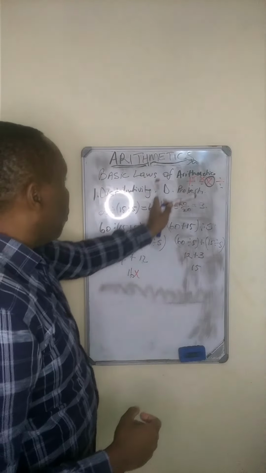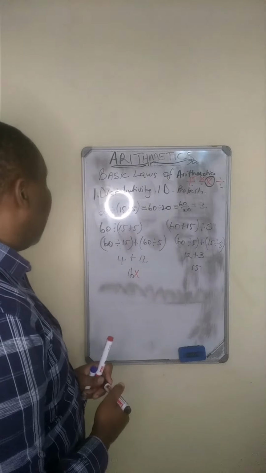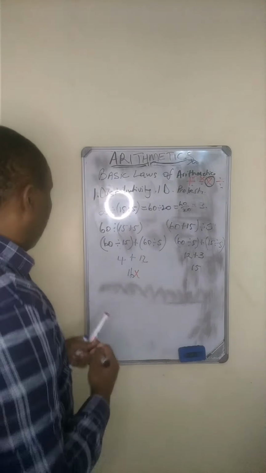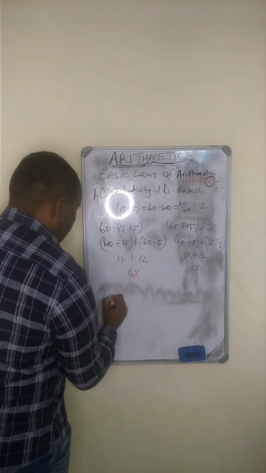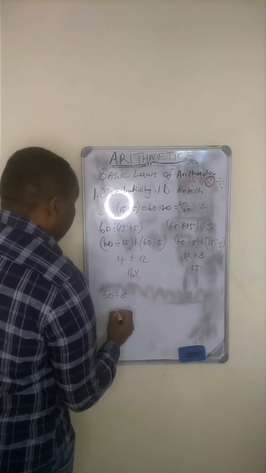Now let us do the negative, and let us see if the negative will give us the right answer. So we say here 60 divided by 15.